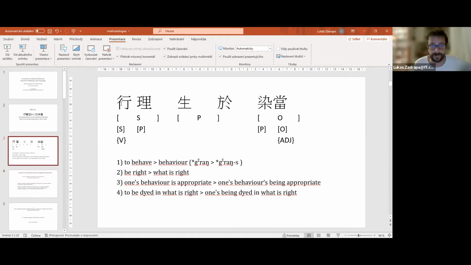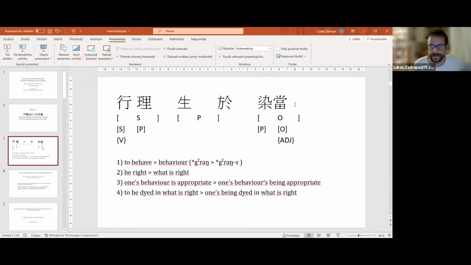This is, I would say, the deepest layer of nominalization, which is even lexicalized and shown by the suffix -s, with this Xrang and Xrangs. So that's why we read it traditionally Xing in the fourth tone, not the other tone. This is here on the left, and then on the right we have this word Dang, which is an adjective, but here it is the object of the verb Ran, to die in some kind of dying stuff.